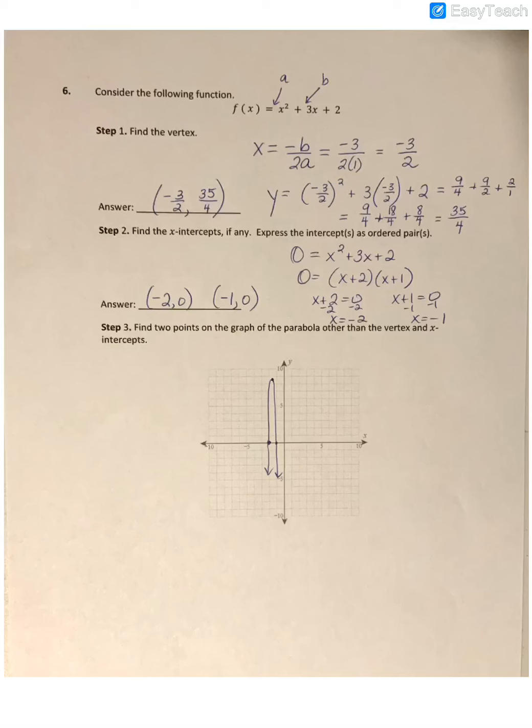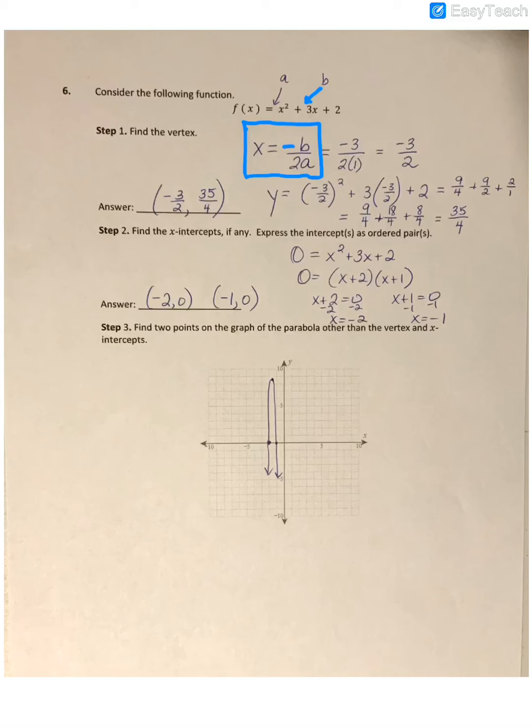Now, the other form of a quadratic will look like this. And so in this case, there's a formula that you have to know in order to find your vertex. And that is this formula here. X is equal to the opposite of B divided by 2 times A. And so your B is always located in front of your X variable. In this case, my B is positive 3.